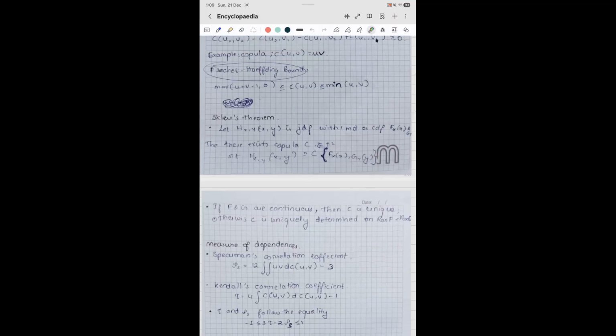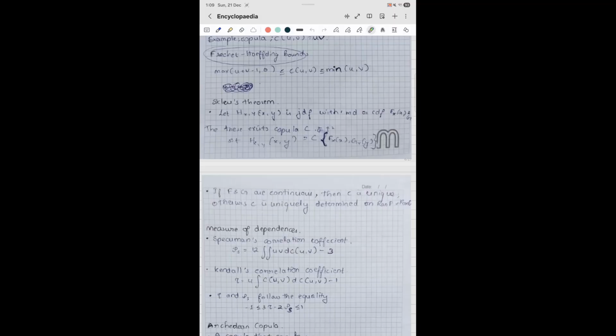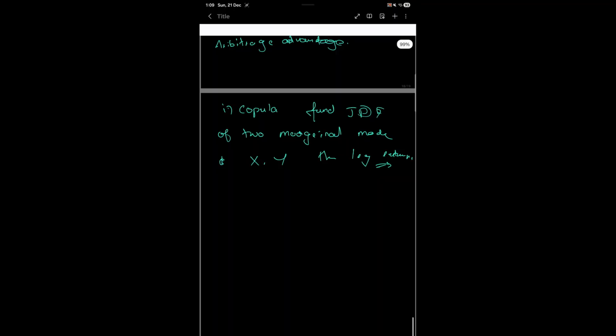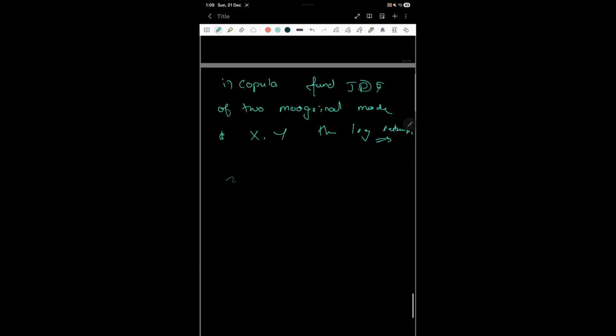But the major point we need to check is the copula function: C of u1 comma u2 is equal to P of u1, u2, which is nothing but the cumulative probability distribution function of marginal 1 and marginal 2. Now we'll go with the understanding of this.